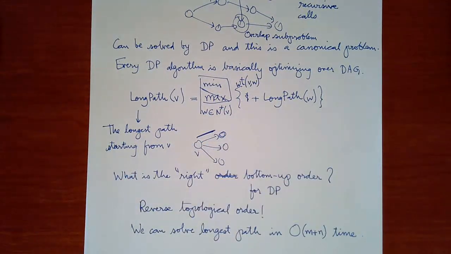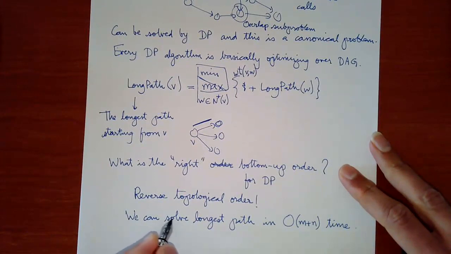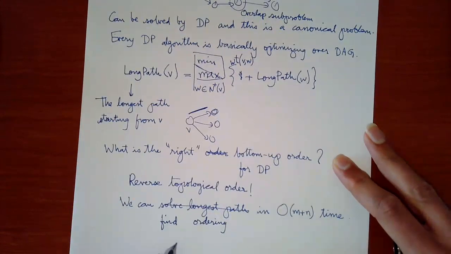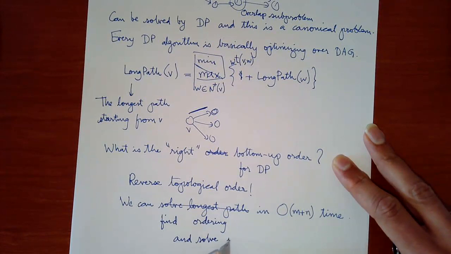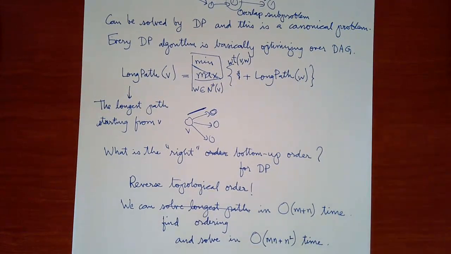So the minimization might actually be more expensive. So let me just say that: find the ordering in n plus m time and solve in O of mn plus n squared time. Sorry. Is this clear? Does that answer your question?